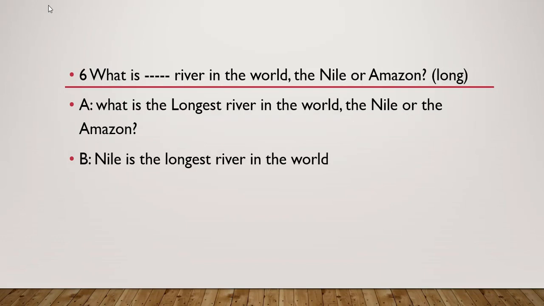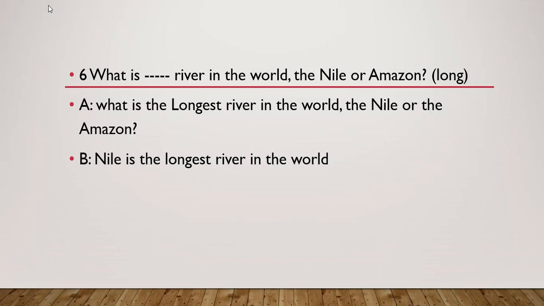Okay, number 6. What is dash river in the world, the Nile or Amazon? We want to use the adjective long. Here we are talking about the longest of the rivers in the world. It is not just one river.